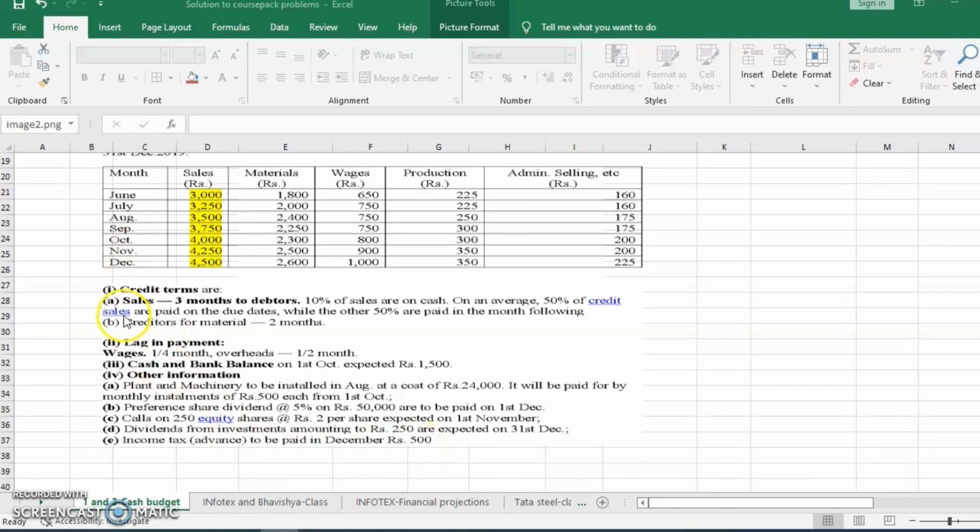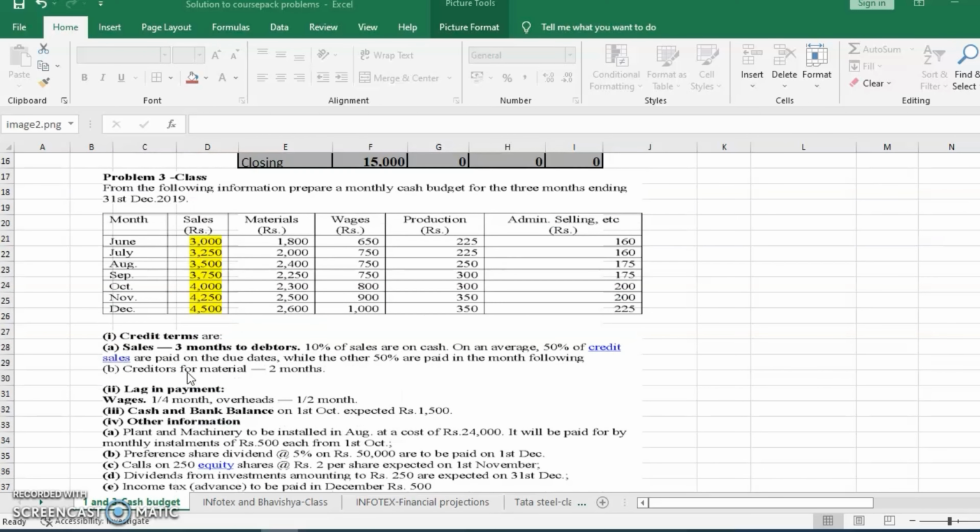So if you look at the items, there is a combination of both receipts and payments. Accordingly, we may have to take them in the respective places. Like I said in the beginning and in the previous video too, opening cash balance, add to that the immediate cash receipts minus the immediate cash payments, that would give us the closing cash balance, and the closing cash balance will be carried forward to the next month, and that's how we do it for the entire period. But what they have asked you is to prepare the cash budget for 3 months ending 31st December.